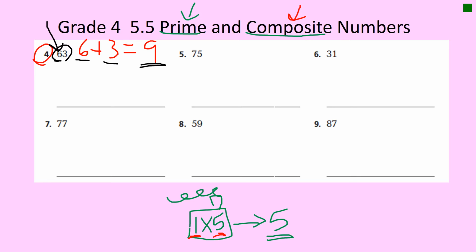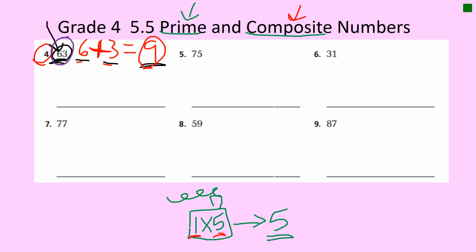Let's think about that one more time. I use the divisibility rule for 3, which says that if you add the digits, 6 and 3, and that sum is divisible by 3, which 9 is divisible by 3, 3, 6, 9, then the number itself, 63, is divisible by 3.